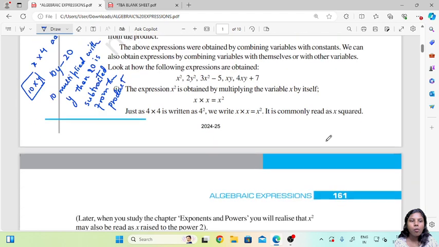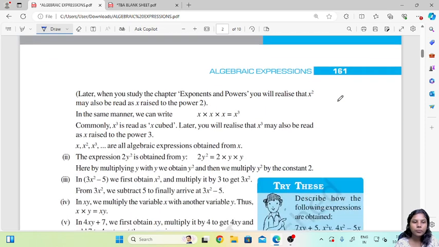Now say you have something like x square. So x square, we know it is x multiplied by x. Or we can also read this x square as x raised to the power of 2. This we have learned in exponents and powers.